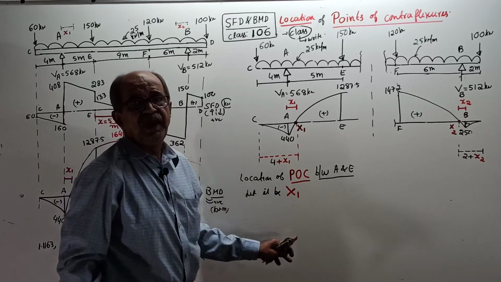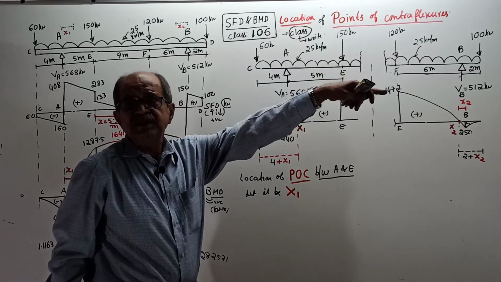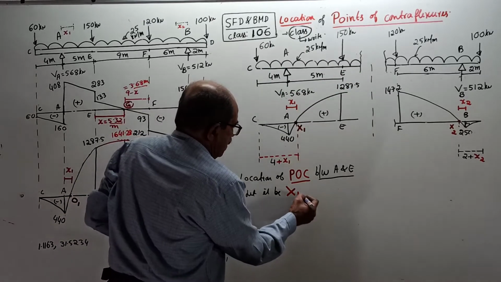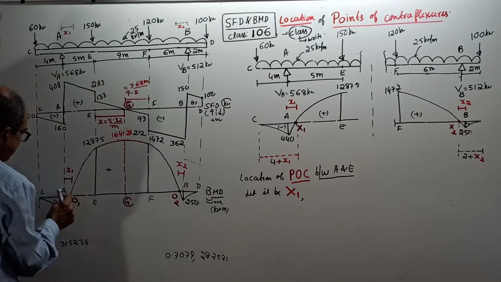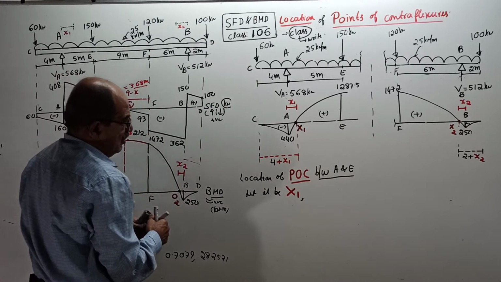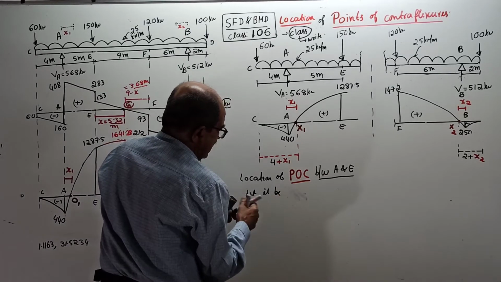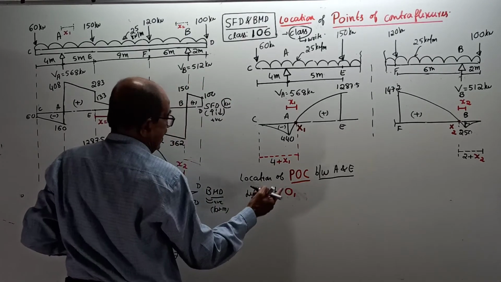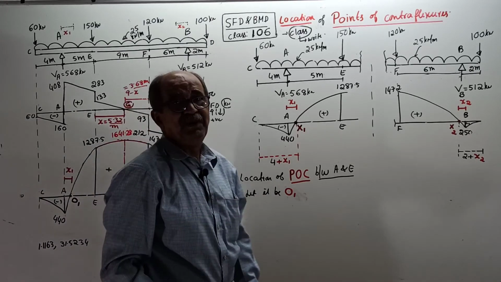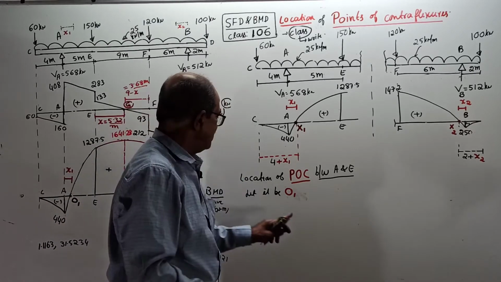Why x1? Unknown point. One more point comes, I will call x2. Where is x1? Come back here. It is here. Let it be O1. Instead of x1, I'll call it O1, better, because O means zero point. Okay, O1.